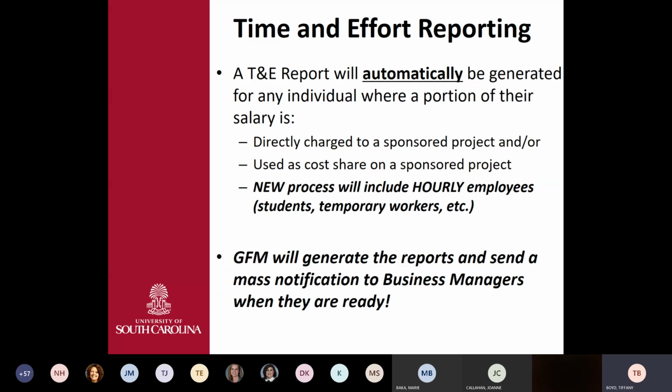And a time and effort report will automatically be generated for any individual where a portion of their salary is either directly charged to a sponsored project or is used as cost share on a sponsored project. And the new process does include hourly employees, so that includes students and temporary workers, so that is new. And so we're currently going through that first process now.